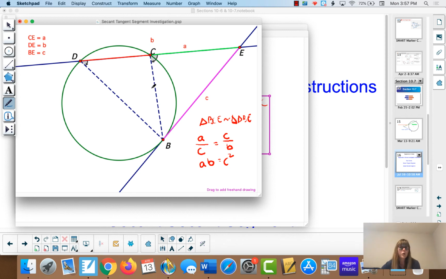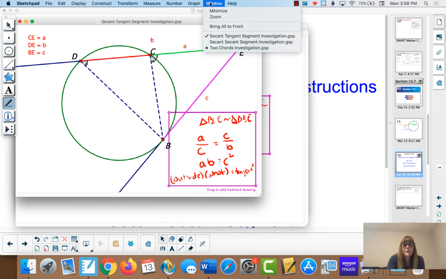So using those terms that I talked about earlier, A is the outside, B is the whole secant segment, and C is the tangent, so we have the tangent squared.